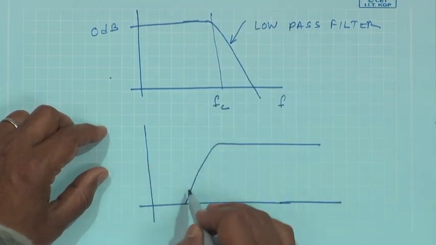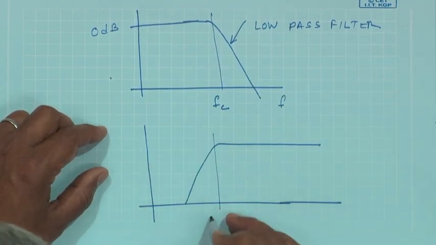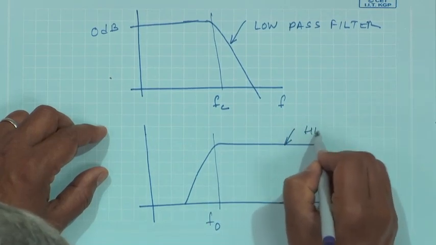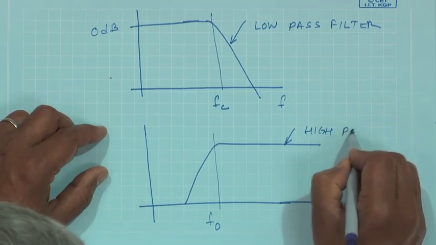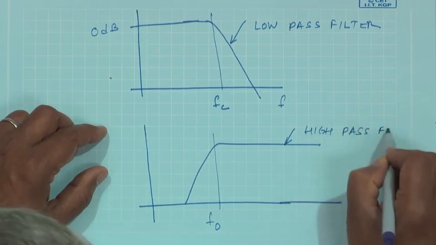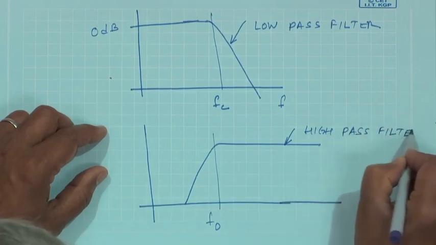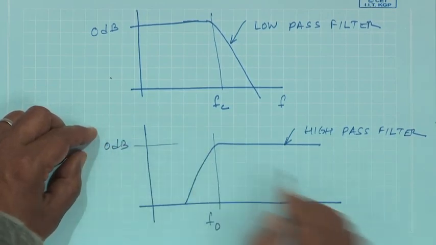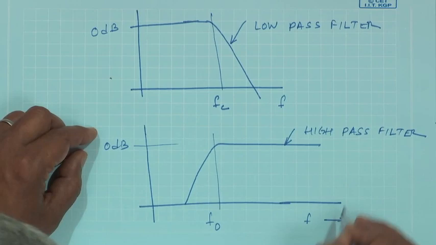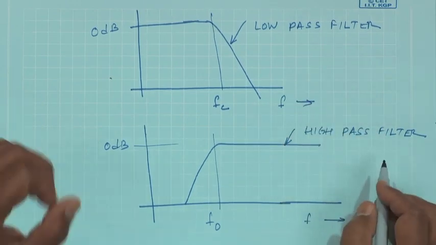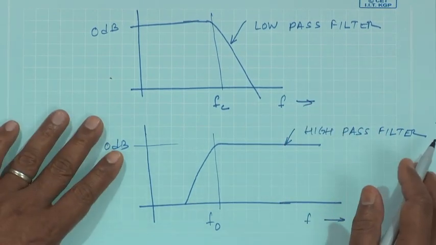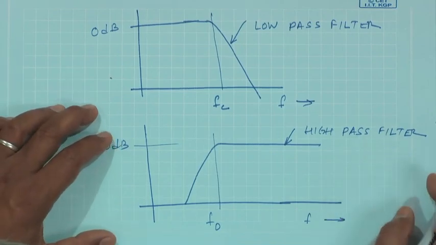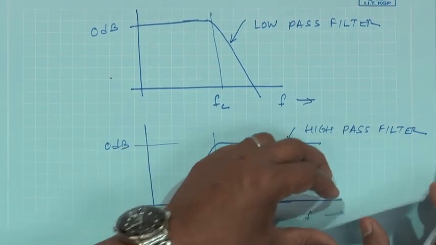And this is known as f o. This is similarly a high pass filter. Such analog filters are available for monitoring or for conditioning the signals.